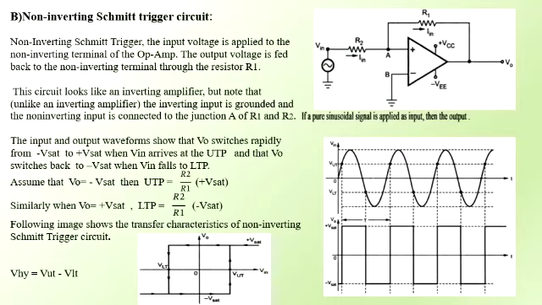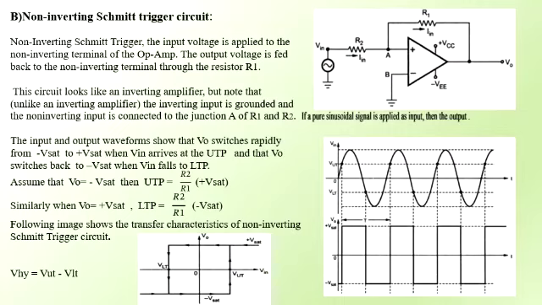The inverting input is grounded. The non-inverting input is connected to the junction A of R1 and R2.